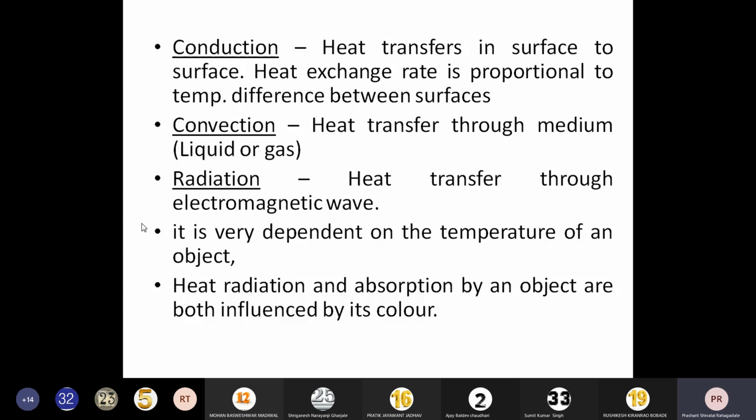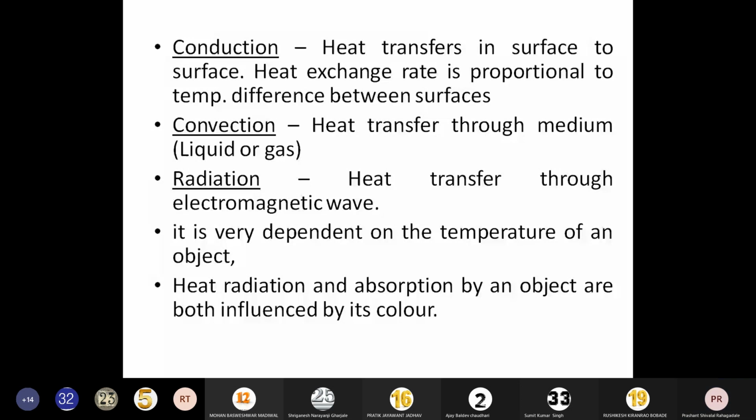And no doubt it is depend on temperature of an object. And also you will find that here the heat radiation and heat absorption by any material is influenced by the color. Okay, ये भी बात ध्यान में रखिए कि black is both best absorber and radiator of heat. You have to keep in mind.